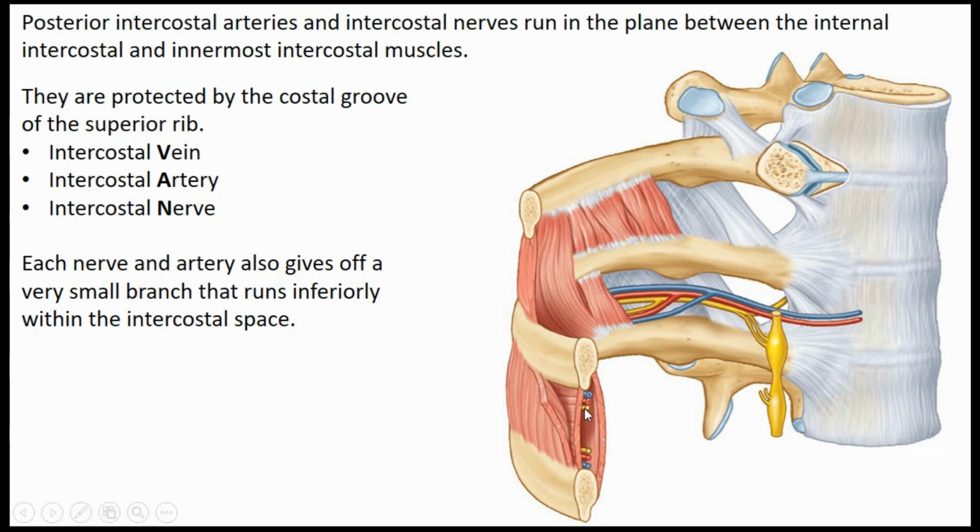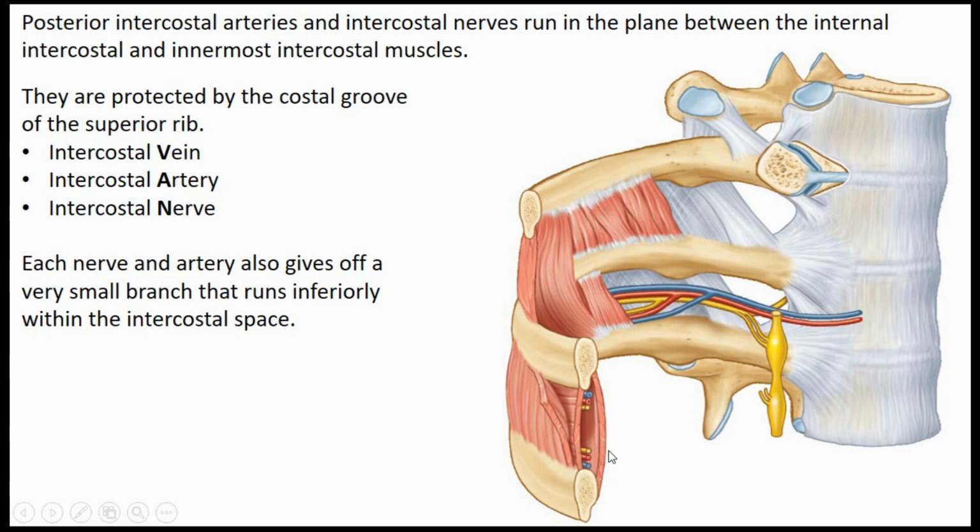So down here, you can actually see the VAN, the vein, artery, nerve. They should really be tucked up underneath that costal groove right there. We've got the external intercostal muscle here, internal intercostal muscle here, and then the innermost intercostal muscle here. And that's generally where you find these vessels, between the internal and innermost intercostal muscles.